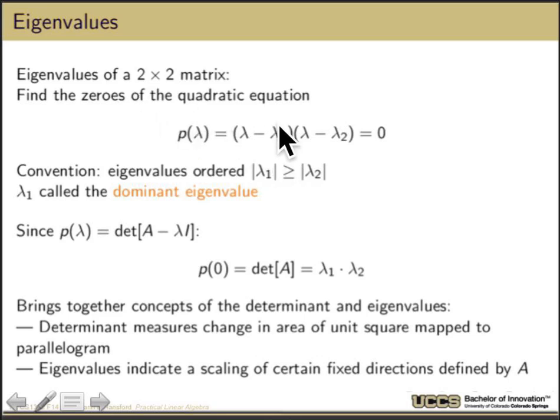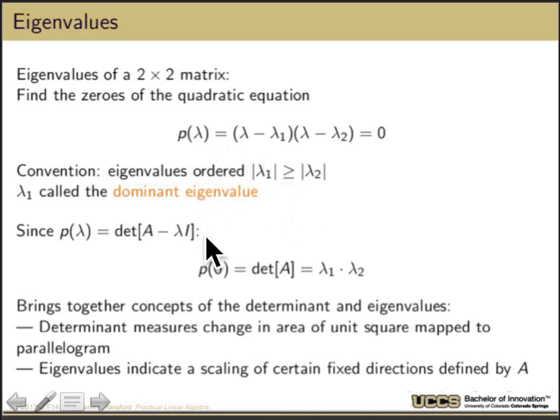another way of looking at it is to remember that the quadratic equation is going to be lambda minus lambda 1 times lambda minus lambda 2 equals 0. Now lambda 1 and lambda 2 may be the same. By convention, we're going to let lambda 1 be the larger in absolute value, or magnitude, of those 2 values. So we're going to call lambda 1 the dominant eigenvalue.